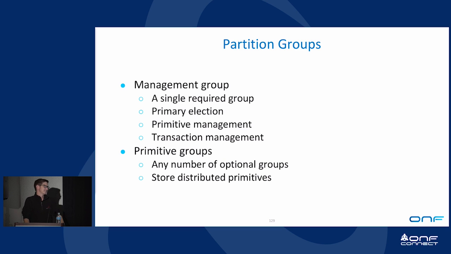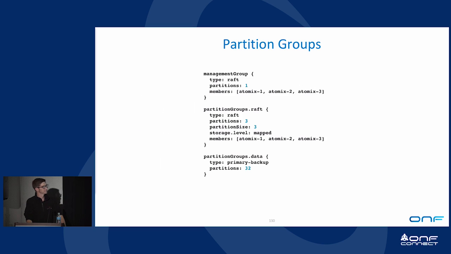And then as far as additional partition groups, you can define as many as you want on whichever nodes you want. And so when a node starts and connects to a cluster, it discovers its partition groups and thus discovers where data is stored in the cluster. And so this is what a complete configuration looks like, defining multiple partitions.